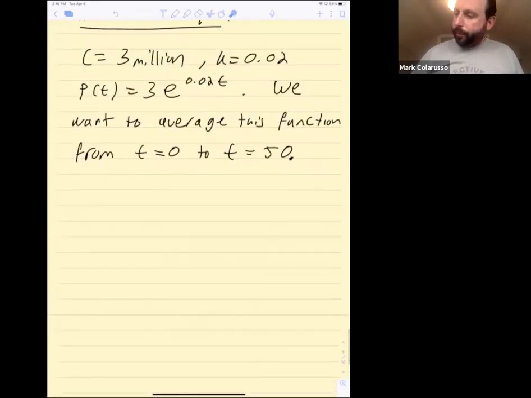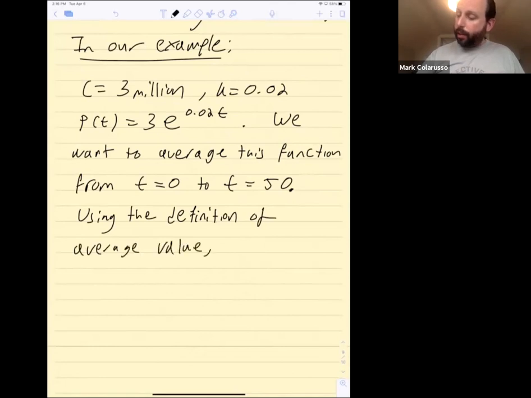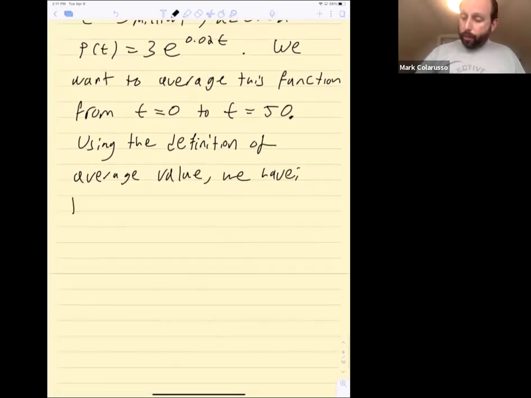Okay, so using the definition of average value, the population average would be 1 over 50, the length of the time span, times the integral from 0 to 50 of P of t dt.